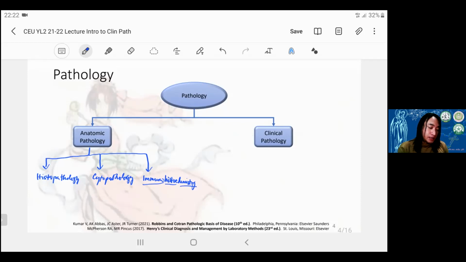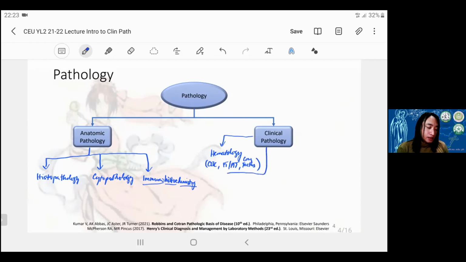So the most commonly requested would be hematology. So this would cover your complete blood count, your coagulation studies. Okay, so basically hematology is the most commonly requested laboratory test.